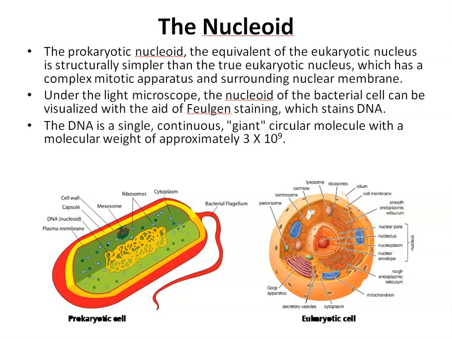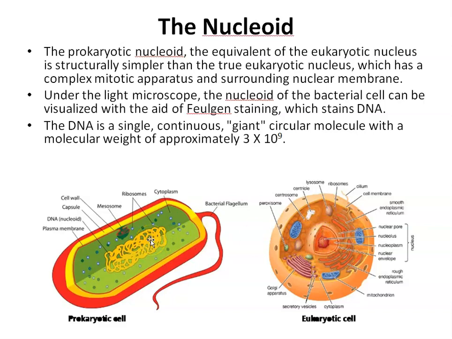Prokaryotic nucleoid. You can see in this figure, this yellow colored structure is the nucleoid. It is equivalent to the eukaryotic nucleus, right? But simple in structure as compared to the eukaryotic nucleus. The eukaryotic nucleus has a complex mitotic apparatus and is surrounded by a nuclear membrane, right?